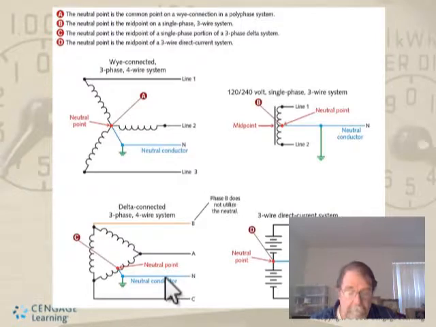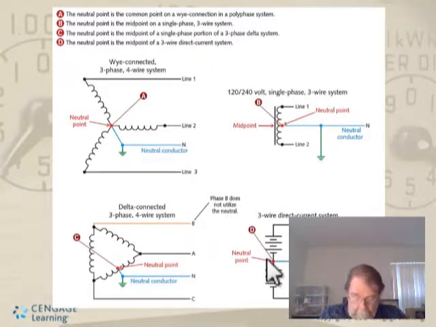And the neutral point is a midpoint of a three-wire direct current system, down here, DC you're talking about. At the neutral point of the system, the vector sum of the nominal voltages from all other phases within the system that utilize neutral, with respect to the neutral point, is zero potential.